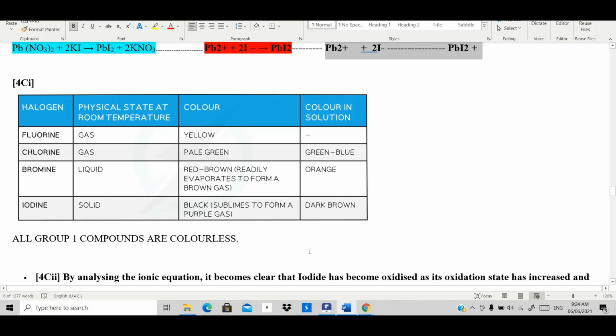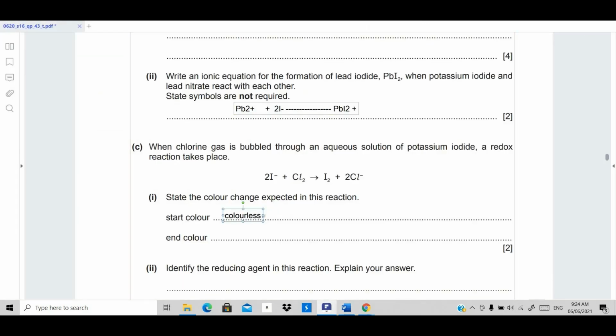If it was alone, you can mention black, but if it's in solution, you need to mention the color of iodine in solution. Now I'll mention here dark brown. Dark brown is the end color of this. Moving on to the second part of the question.